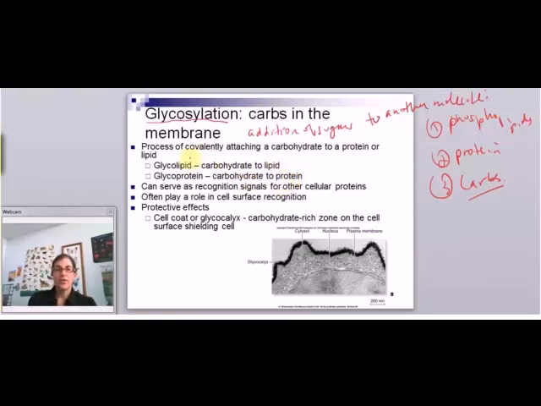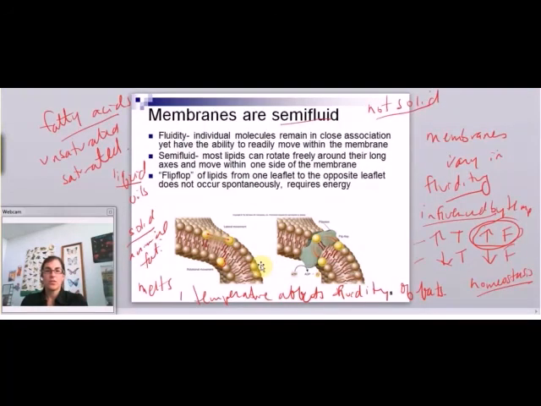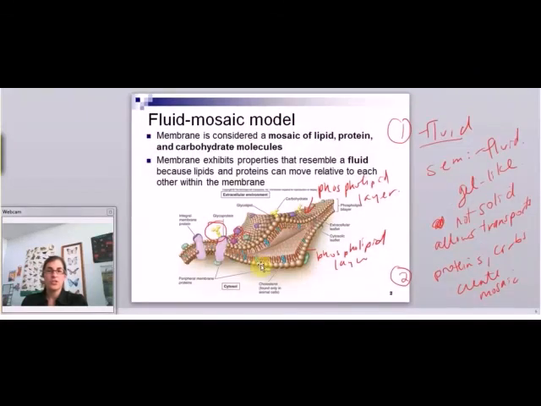And this is important because this is how you get this attached to the membrane. The lipid or the protein attaches it to the membrane, and the sugar part sticks off of the membrane. Let me flip back here for a second to remind you of this image.